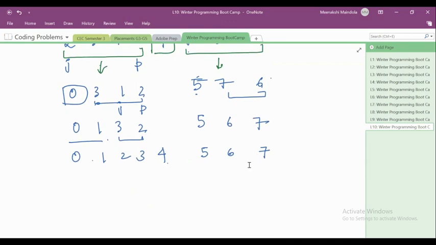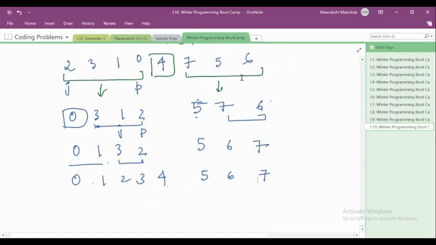We should also update the value of the pivot index. So the pivot element that you consider is going to store the value of a of h. So it is going to depend upon the value of h, that is high. So for this particular array, earlier when you had the complete array, low is going to be the 0th index and then the high index.